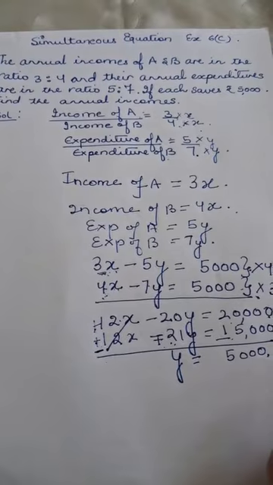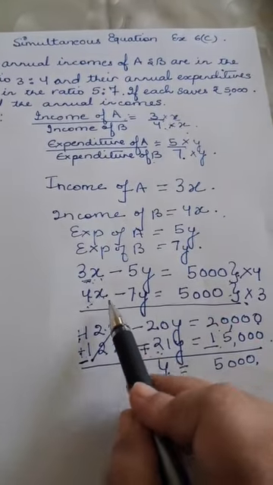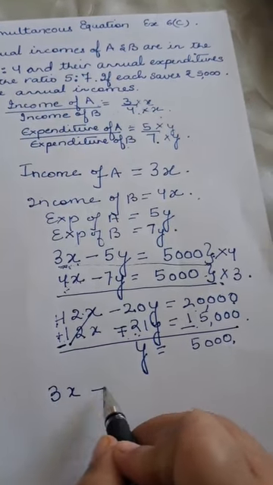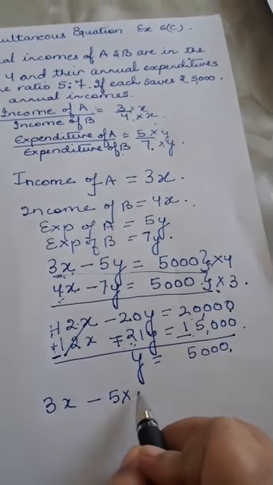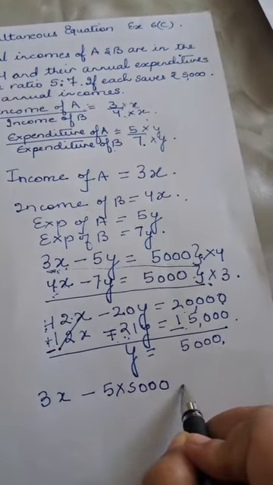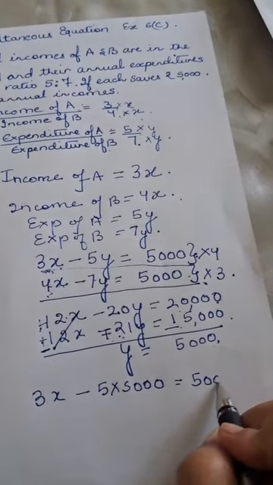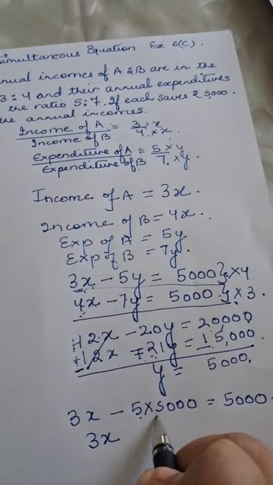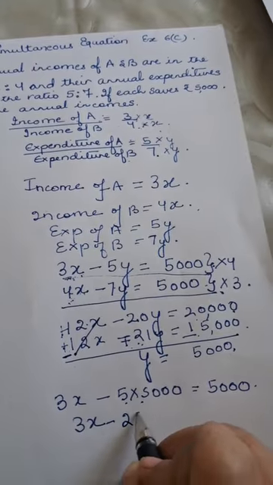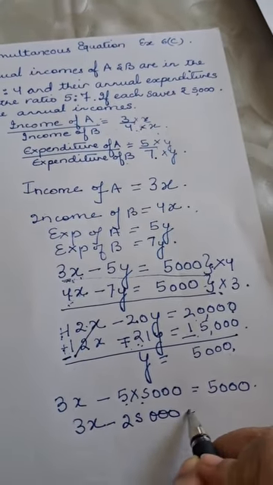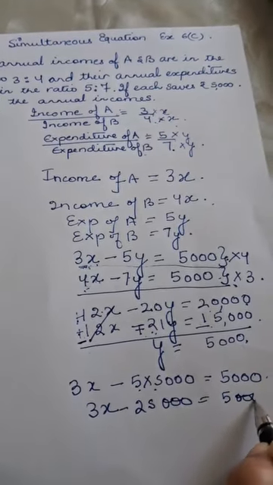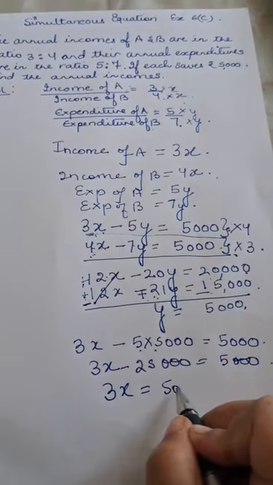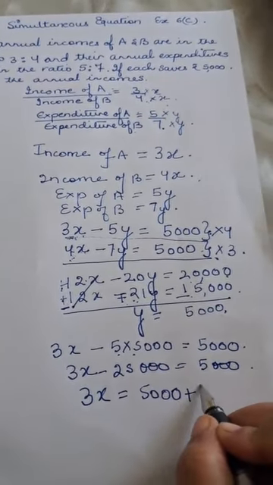Now we'll get the value of x by putting it in the first equation. So 3x minus 5y, 5 into 5,000, is equal to 5,000. So 3x minus 25,000 is equal to 5,000. 25,000 goes to the other side and becomes plus.